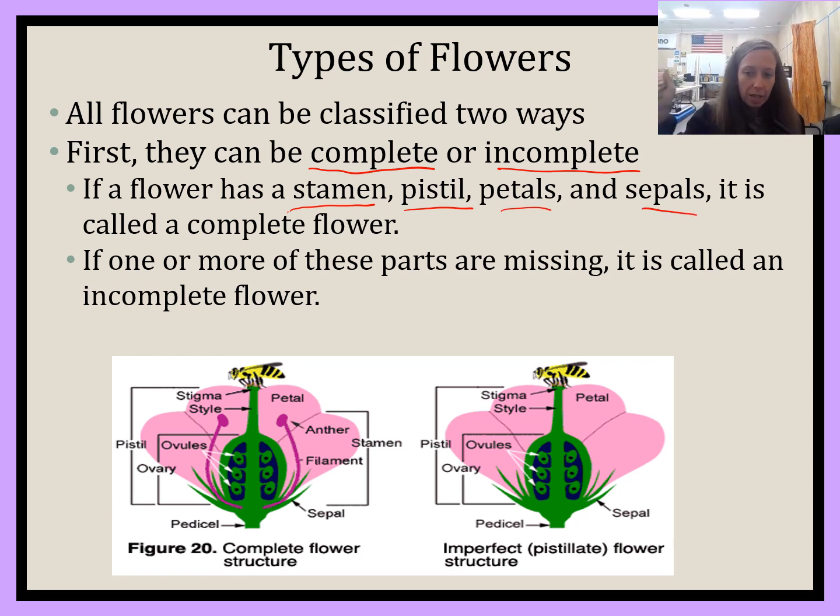Petals for the color, sepals that protect it. An incomplete flower is going to be missing some of those parts, and it varies for each flower what it's missing. Like down here, here's the stamen. This flower is missing the stamen. See it?